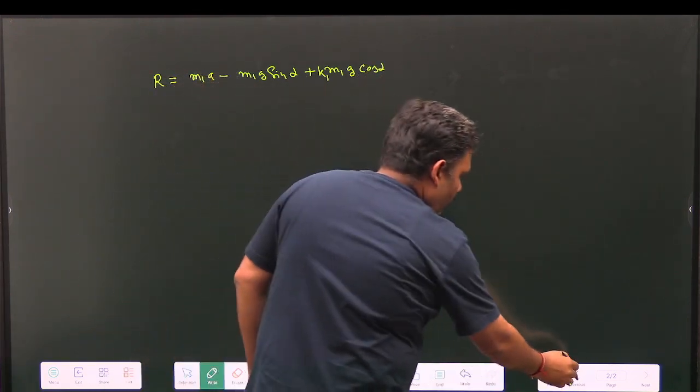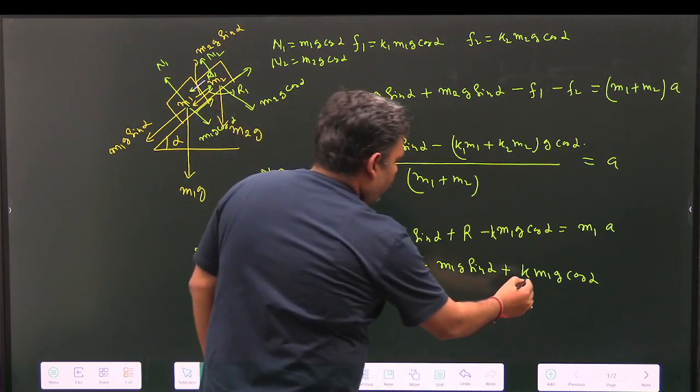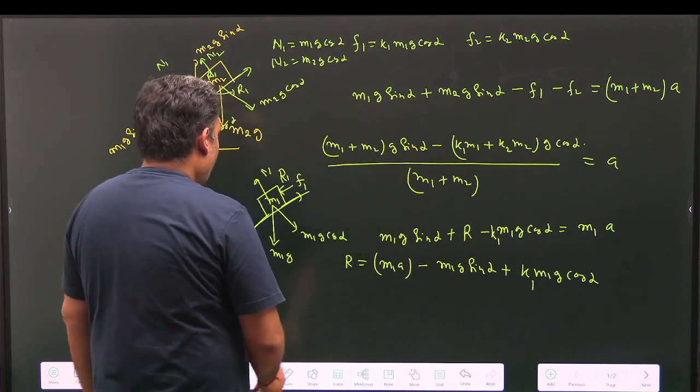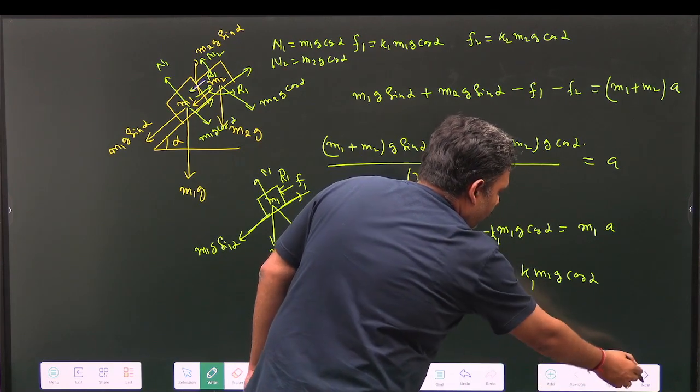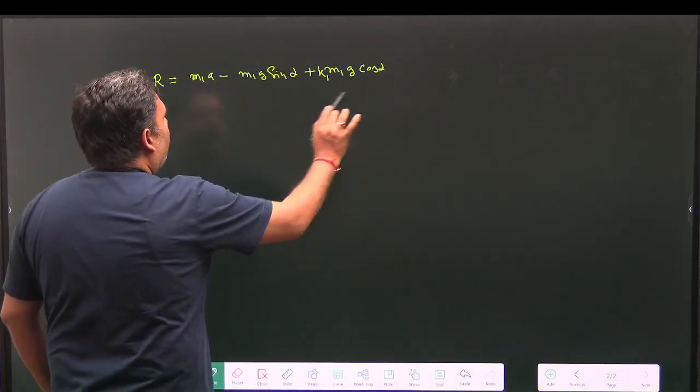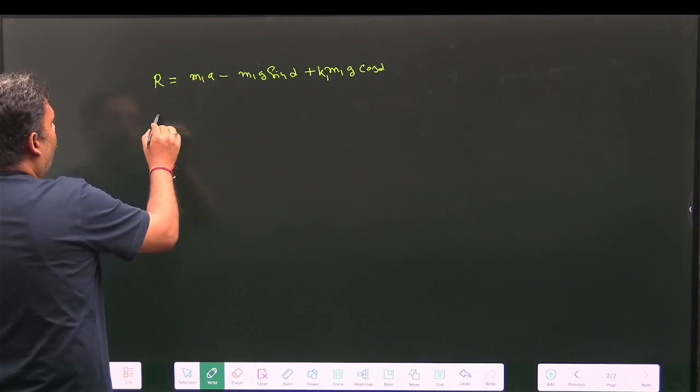So in the previous part we have to go for k1. This will be k1. So let's go to the next part. This is my equation. Now I will put the value of a.